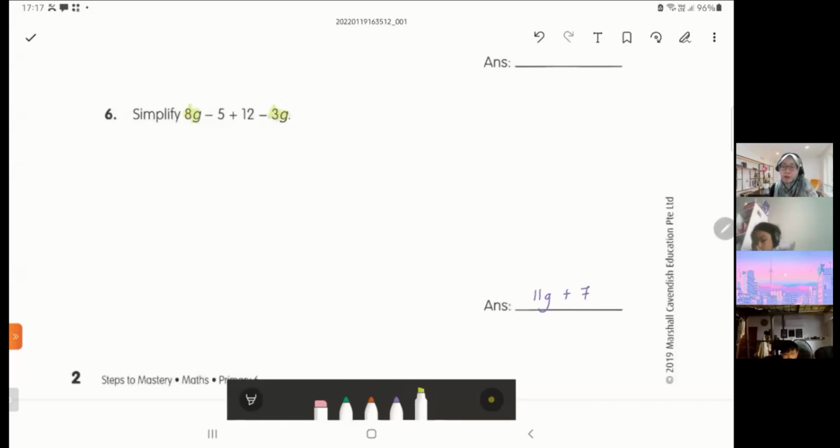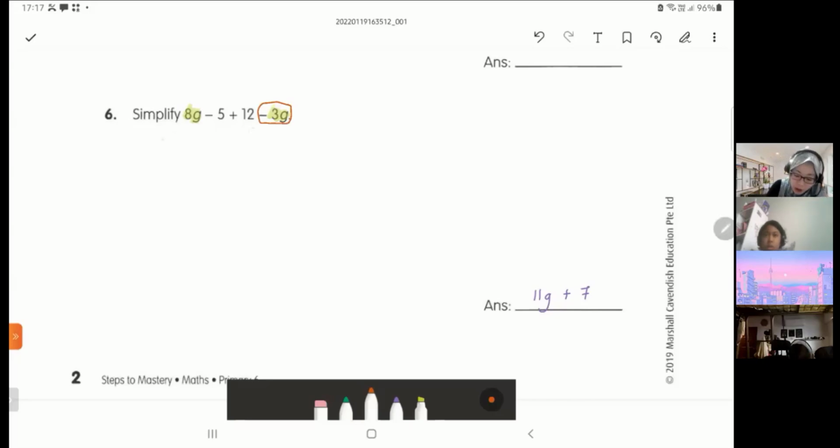These are my algebra. And then the rest of them are the numbers. And remember that algebra usually will have its own sign in front of them, plus or minus or times or divide. So in this case, my 3g, there is a minus in front. That minus belongs to the 3g. So when you move the 3g, the minus comes along.